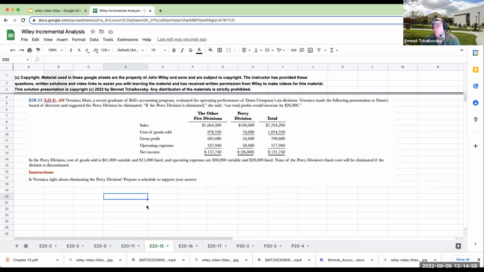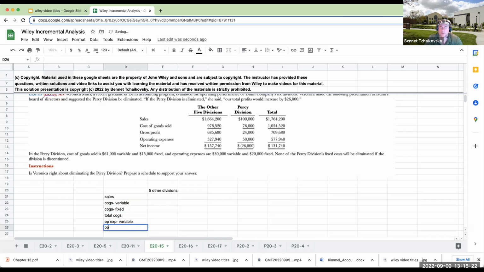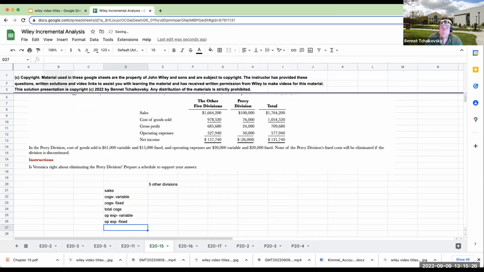So here's what we're going to do. When we get a question like this, the way it's worded right now, we're going to rewrite it a little bit differently. So 5 other divisions: we've got sales, cost of goods sold variable, cost of goods sold fixed, total cost of goods sold. Over here, we're going to have operating expenses variable, operating expenses fixed, and then our net income.